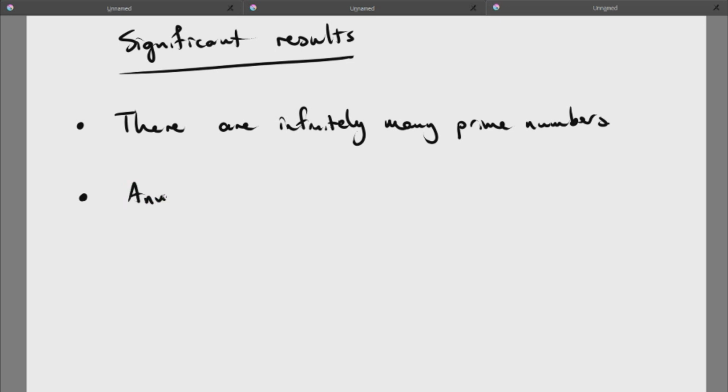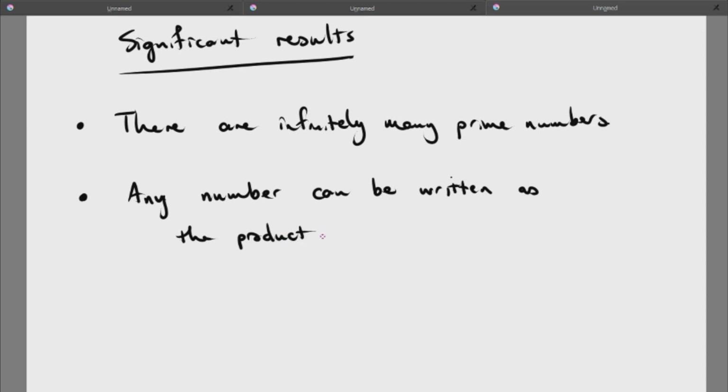The other thing is that, which one should I say first, the informal or the fancy one? I'll do the fancy one first. Not super fancy, but any number, and I now specifically mean whole number, but I'll just say number. We don't mean fraction or decimal or anything like that.